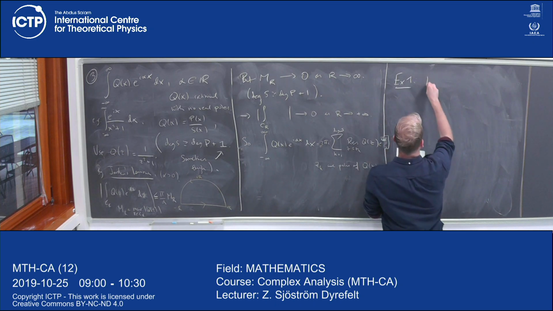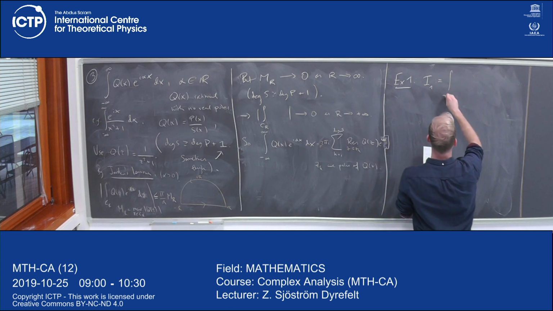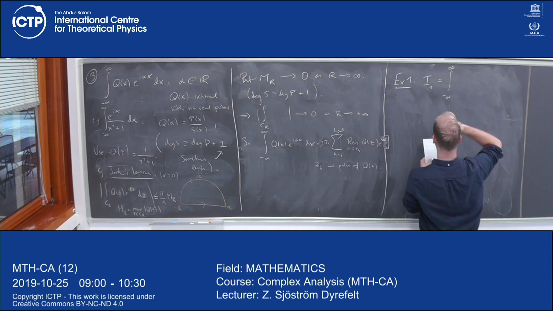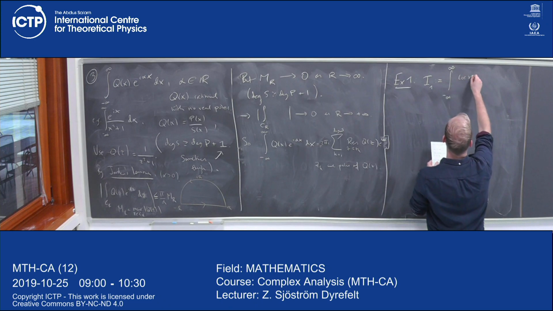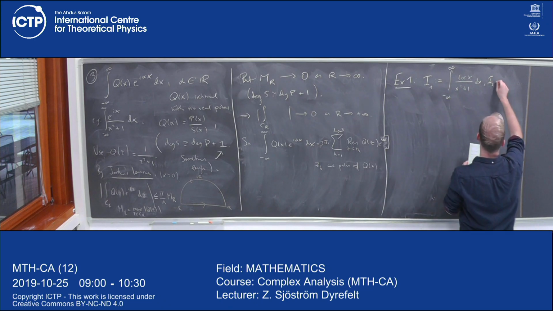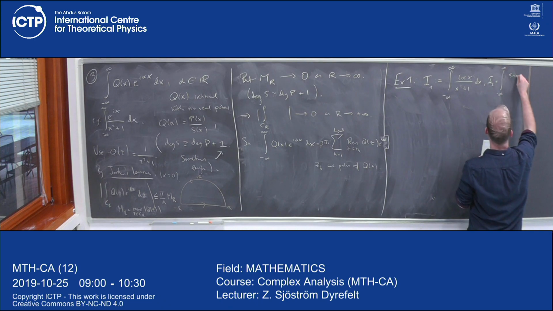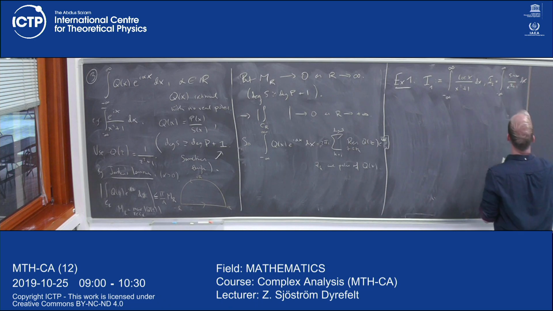So example, if we have two integrals, let me define I1 to be the integral of cosine x over x squared plus 1 dx, and I2 is the integral of sine x over x squared plus 1 dx.